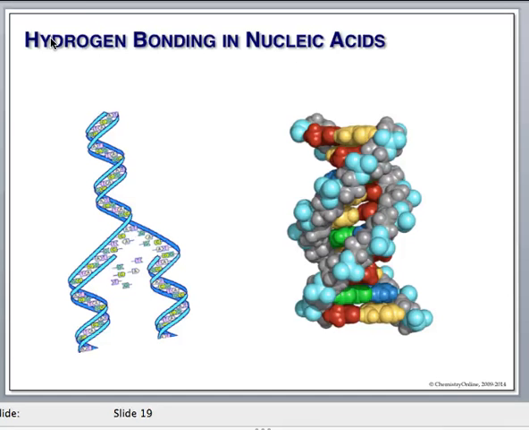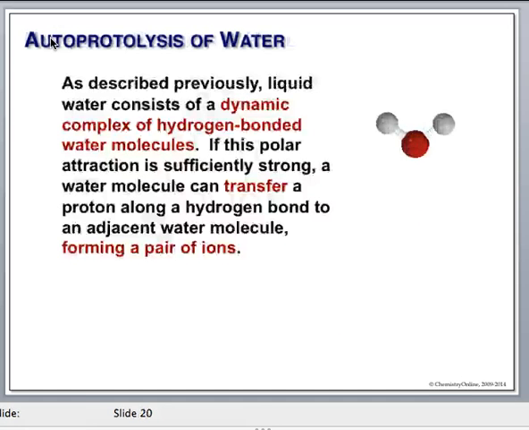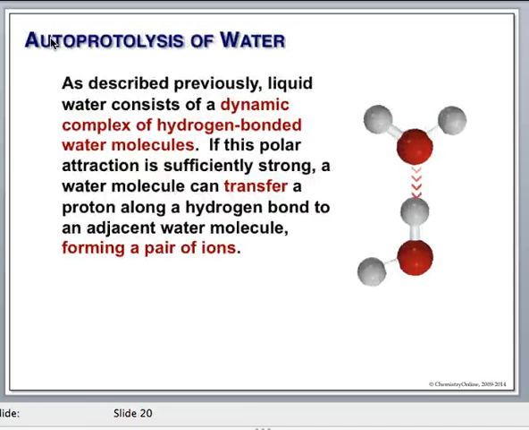But hydrogen bonding in water does one other thing. Let's take a pair of water molecules and let them sit next to each other and hydrogen bond. Now we've seen that calculation. We know that actually this oxygen has half swallowed this hydrogen, hasn't it?